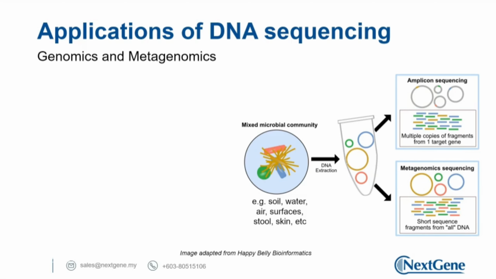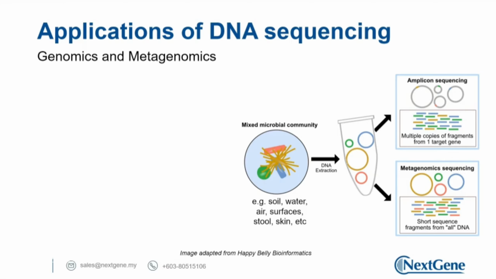Another way of working on this DNA will be shotgun metagenome sequencing. With this one, we don't care whether it comes from 16S, or from a virus, or from a fungus. Whatever DNA molecules we gather from the samples, we prepare into a sequencing library and then sequence whatever we can get.